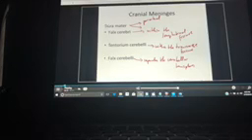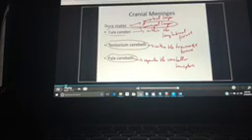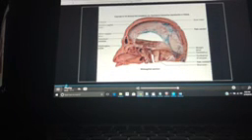And then you have the so-called meningeal layer of the dura, and that's the part that's in contact with the brain tissue. So your periosteal layer, meningeal layer. This meningeal layer is what folds in and is what makes up the falx cerebri, tentorium cerebelli, and the falx cerebelli. So here's a picture showing you how these structures look in situ.